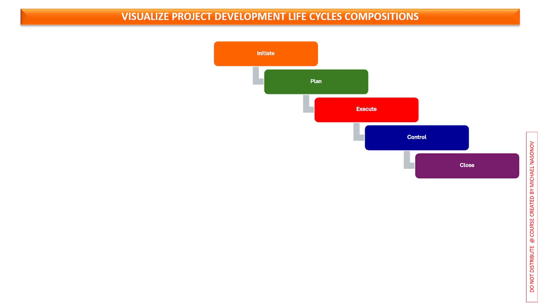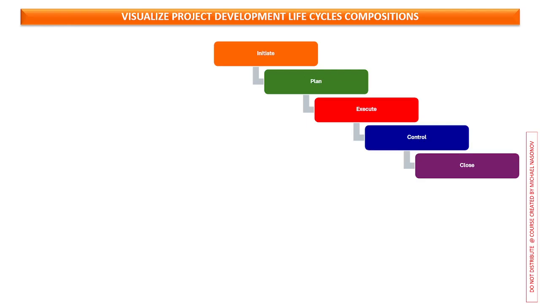When you initiate your project, you plan the project, you execute planned activities, you control during execution, and you close. If you pour water on this one, it's going to create a waterfall. That's why this type of model is often known as the waterfall software development model.